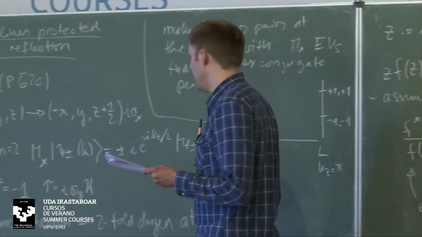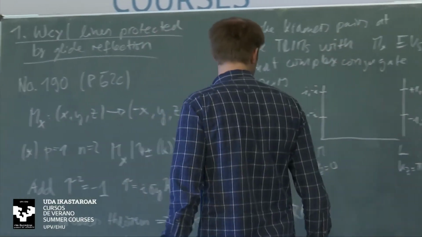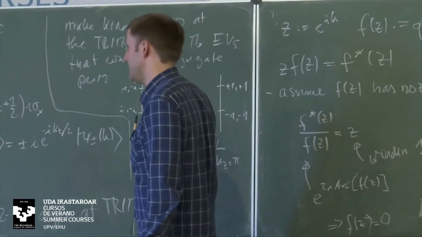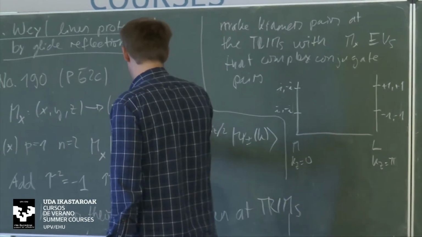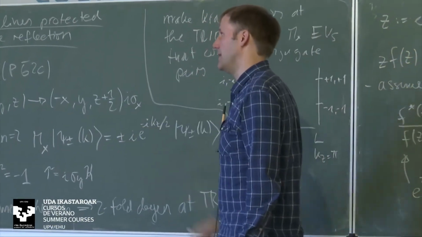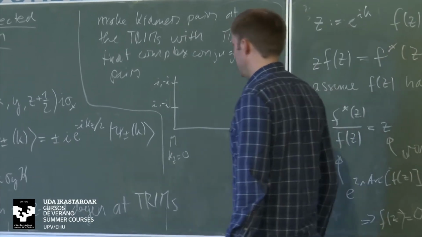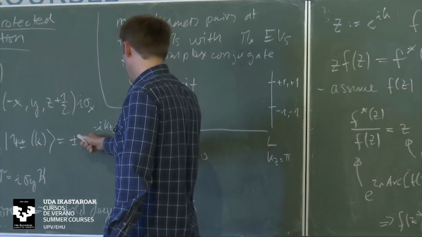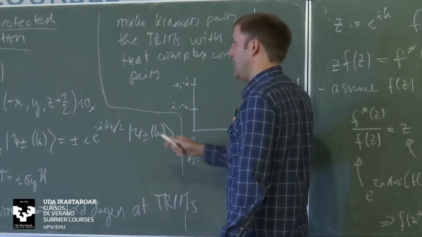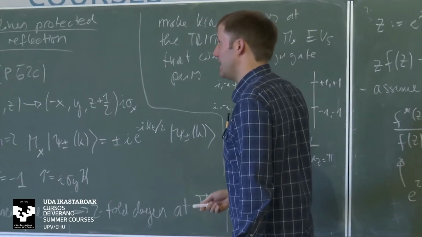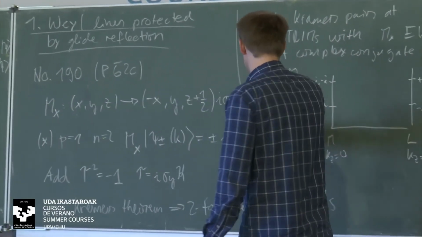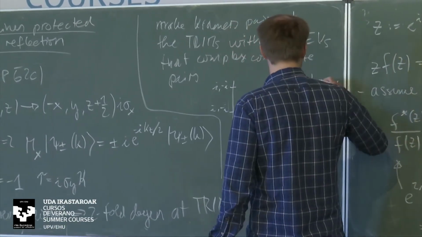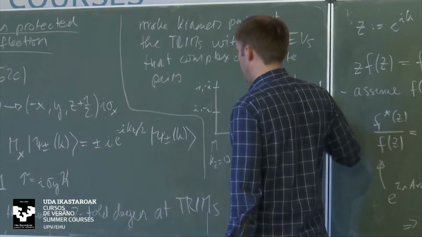Okay, and now I have to connect somehow the bands along this line such that this pairing is consistent with this rule, and such that the eigenvalue evolves according to this formula. So I see if I start here at k_z equals 0 with the plus i state, for example, I see that this has to evolve due to this phase factor to this state with plus 1 here, right?